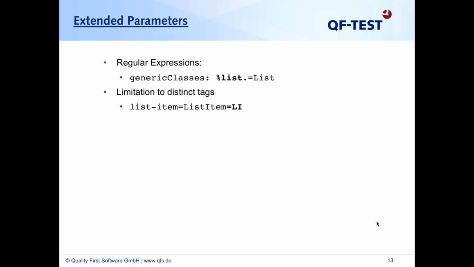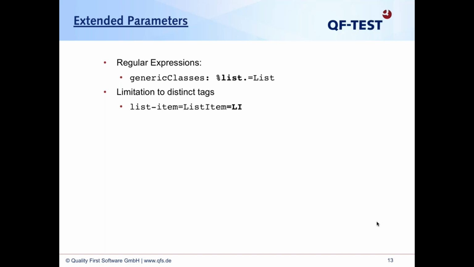We write it like this: we just put the equals sign and then the li string at the end. And this reads: a DOM node with the CSS class list item should be mapped to the generic class ListItem if it is an li tag.